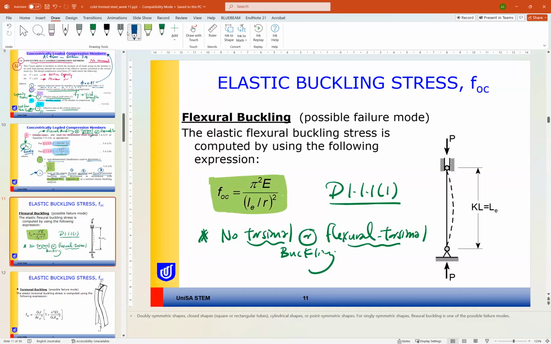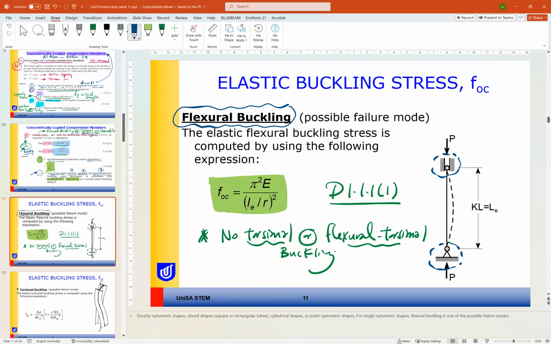Okay, this is illustrated in this example here. In this case, we have the proper restraint to prevent the torsional and flexural torsional buckling. So this is our formula, and our expected mode of buckling is only the flexural buckling mode.